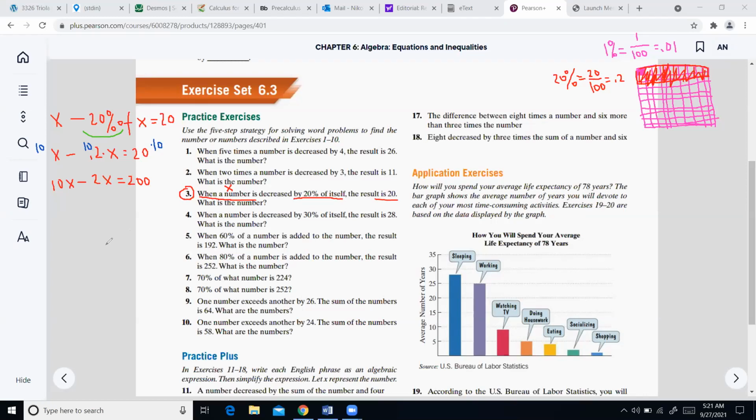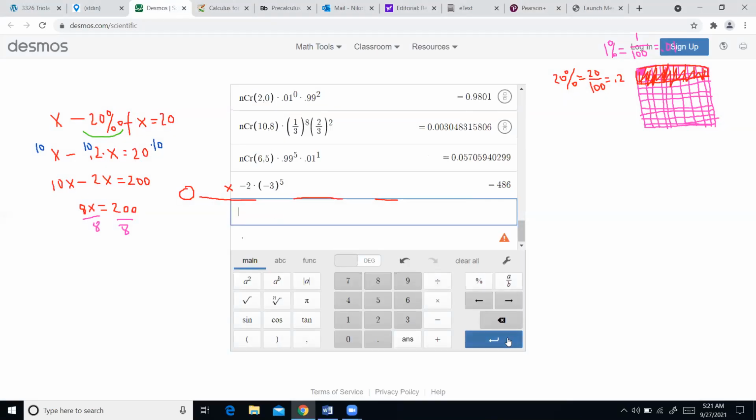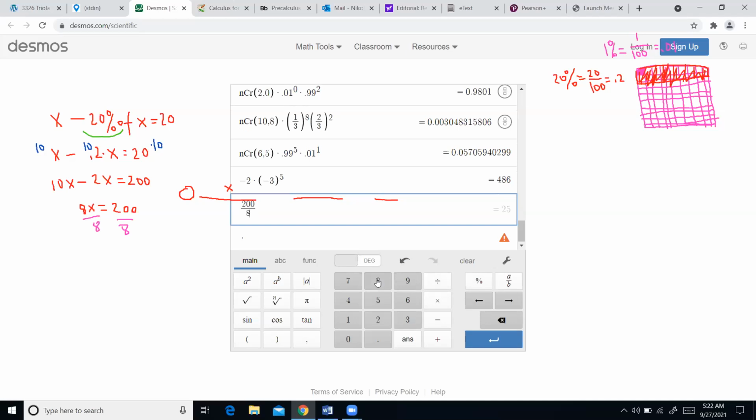My equation does not have any decimals and becomes much nicer for solving. Now I can finish this, right? I get 8x, which is equal to 200. To find x, I divide both sides of my equation by 8 and get some answer. To actually get the answer, maybe I can just use a calculator. I'm going to get to my favorite Desmos calculator and divide 200 by 8 and get 25.